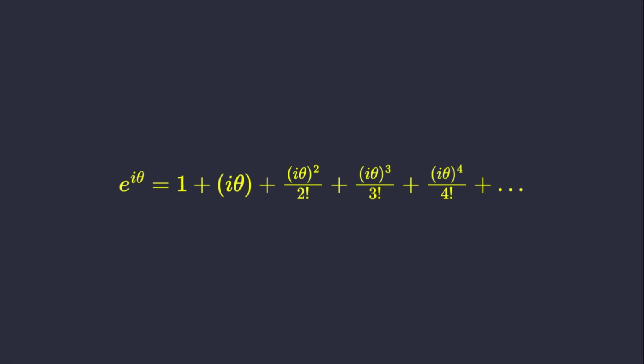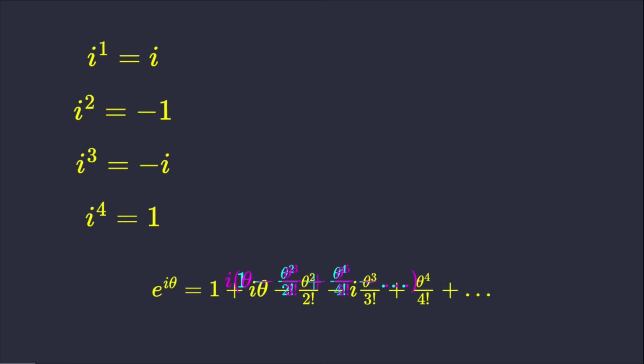Substituting i times theta into the exponential series yields e to the power of i times theta equals the summation of i times theta to the power of n divided by n factorial. We analyze the powers of i. i to the power of 1 is i, i squared is -1, i cubed is -i, and i to the 4th is 1.